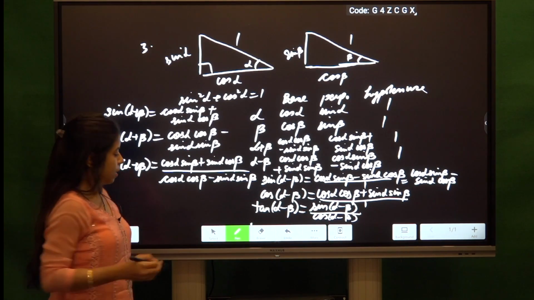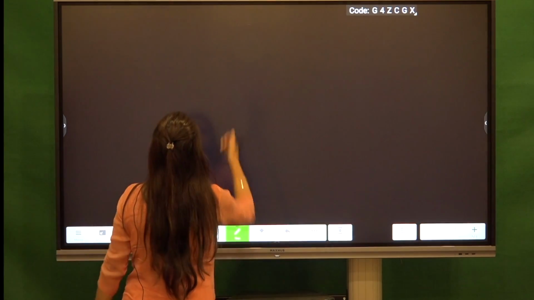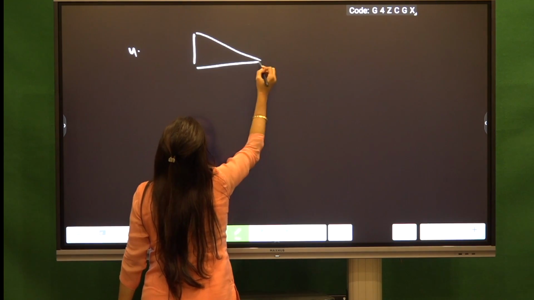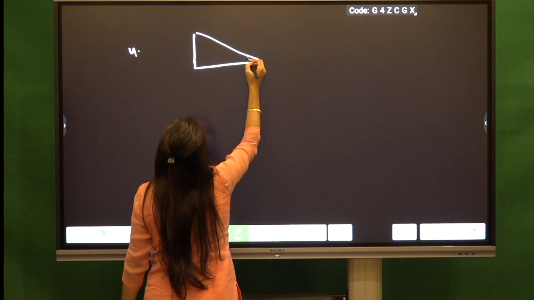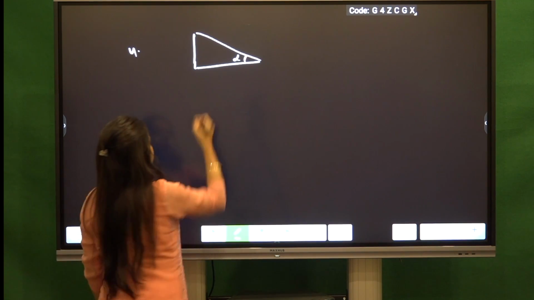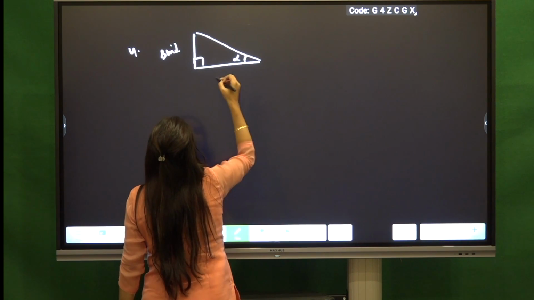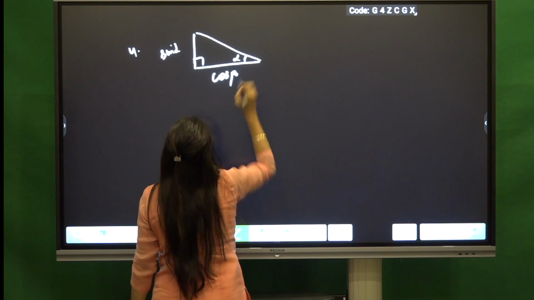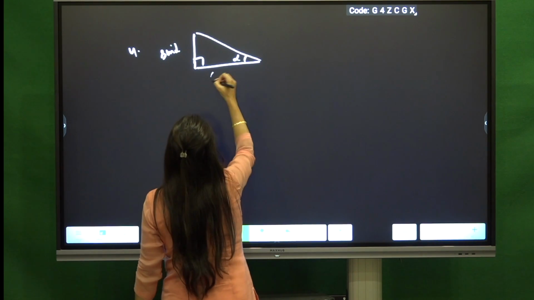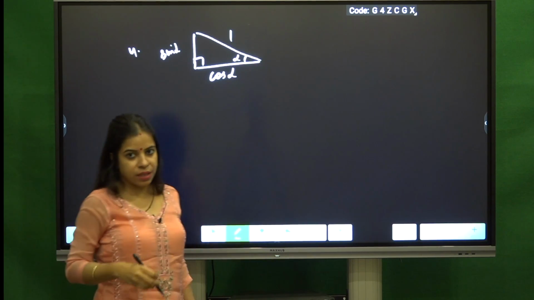Okay. Let us consider another example. Say we have alpha here, and I am taking perpendicular as sin alpha, base as cos alpha, and hypotenuse as 1 with the help of the identity.